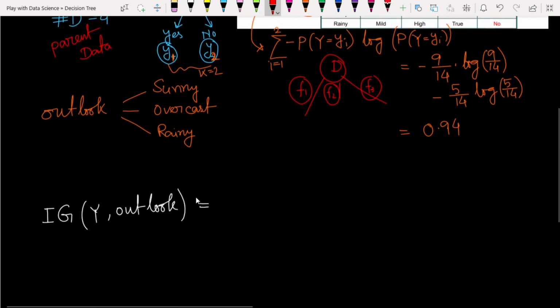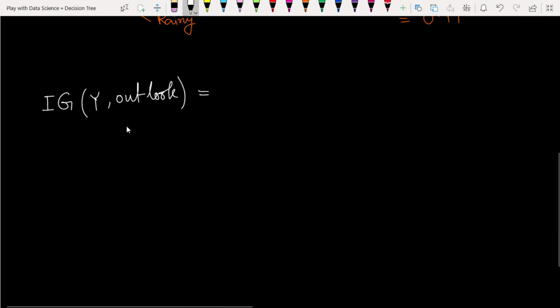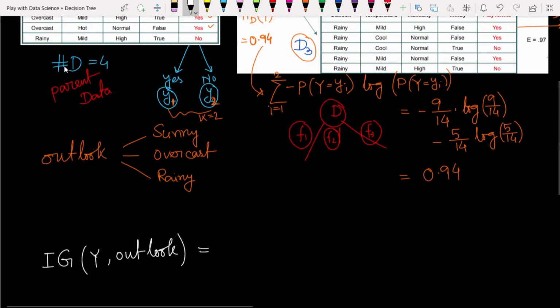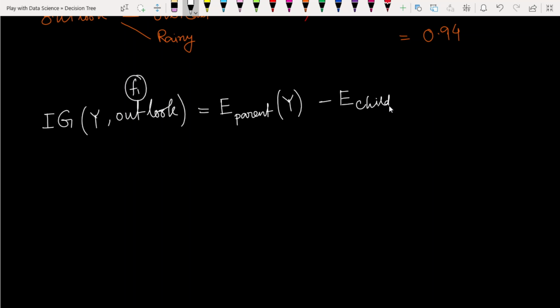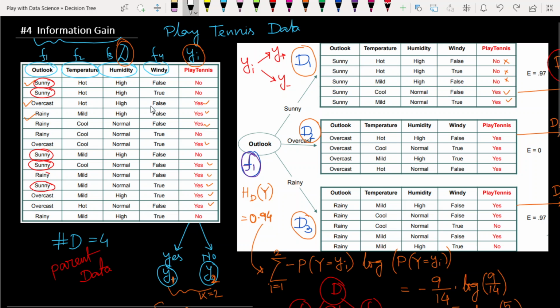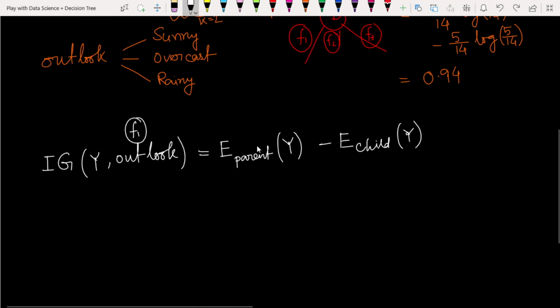So the definition of the information gain for the corresponding feature outlook, which means this feature is F1, is the entropy of the parent for the variable y, minus the entropy of the children for the variable y, corresponding to the same feature.